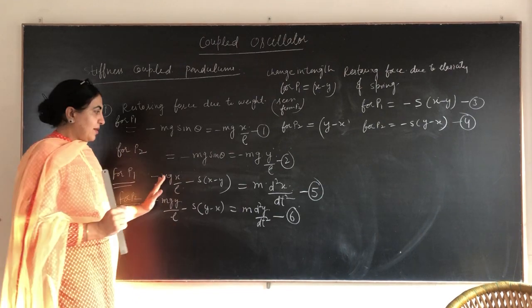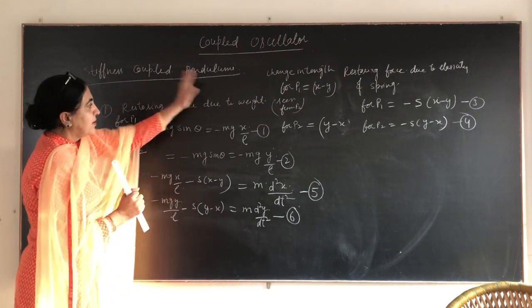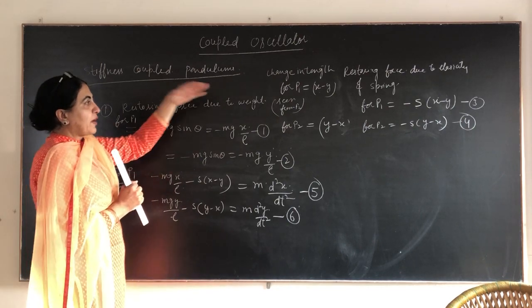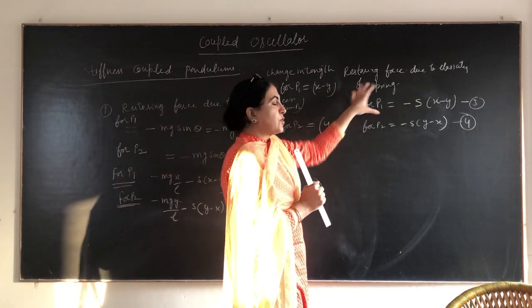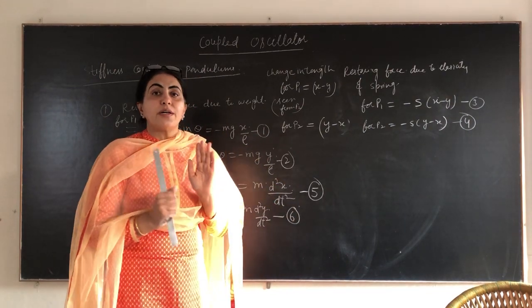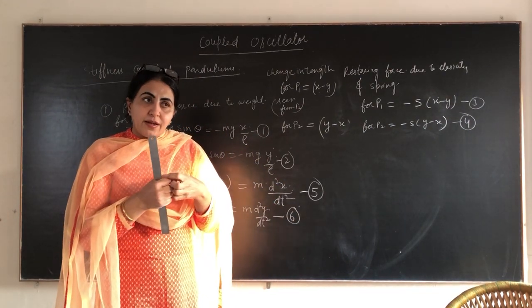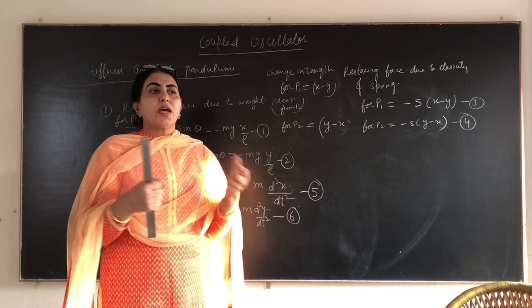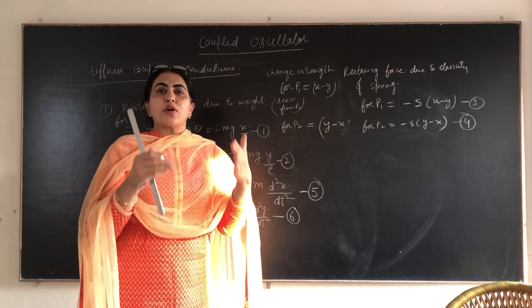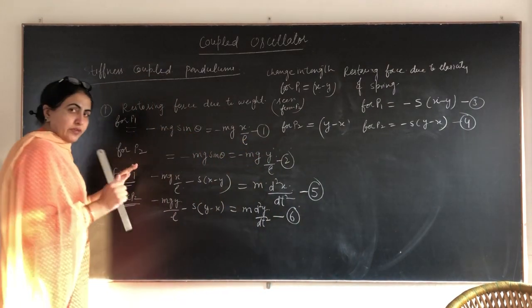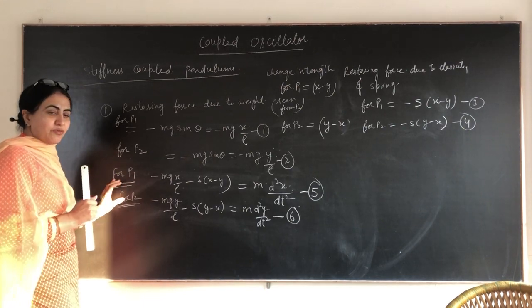So I think all is clear to you. Clear? We found the restoring forces due to weight and then due to elasticity of the spring, because when we compress or extend the spring, the change in length will be mod of x minus y. So please take care of this. So these are the two equations of motion.